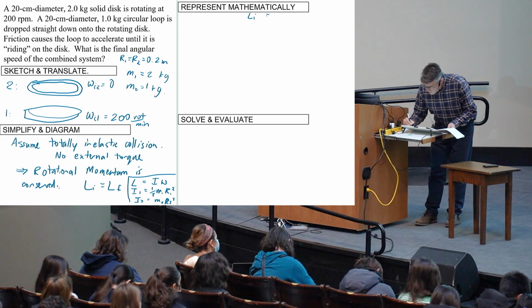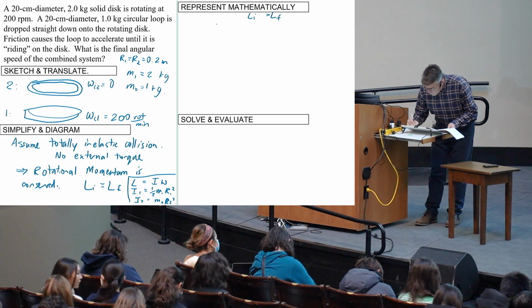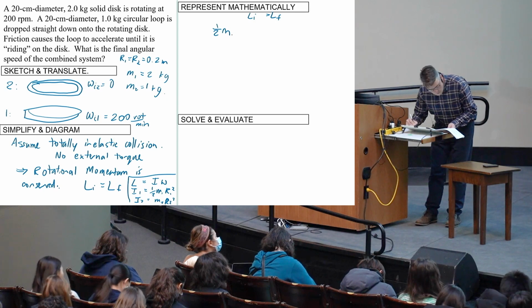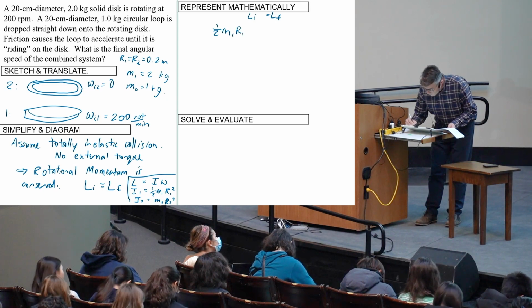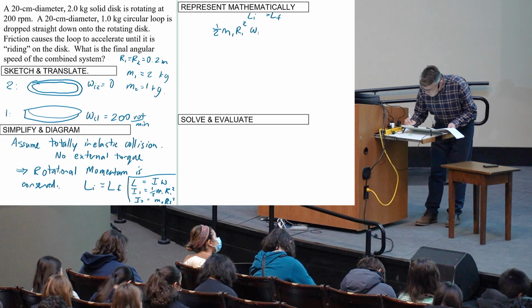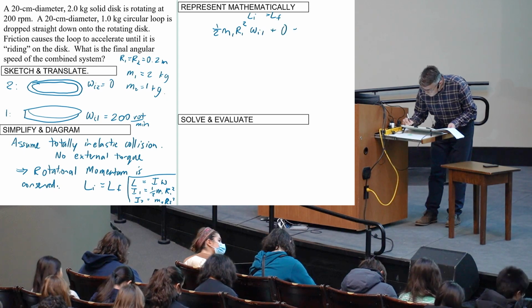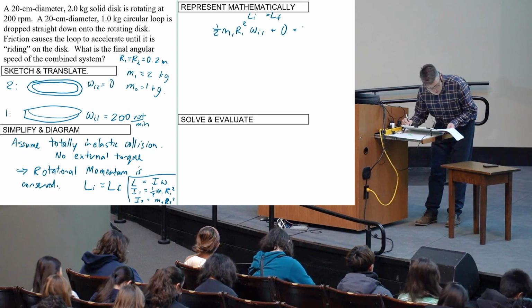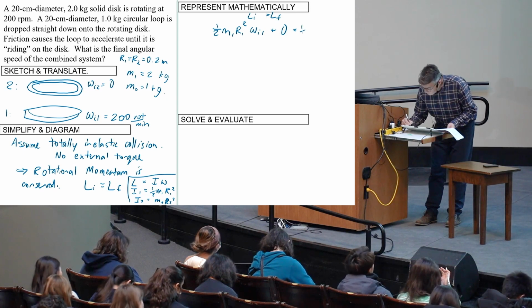So do L initial equals L final. You've got 1/2 M1 R1 squared times omega initial 1 plus 0, because the top thing isn't rotating, equals, they're going to rotate together.